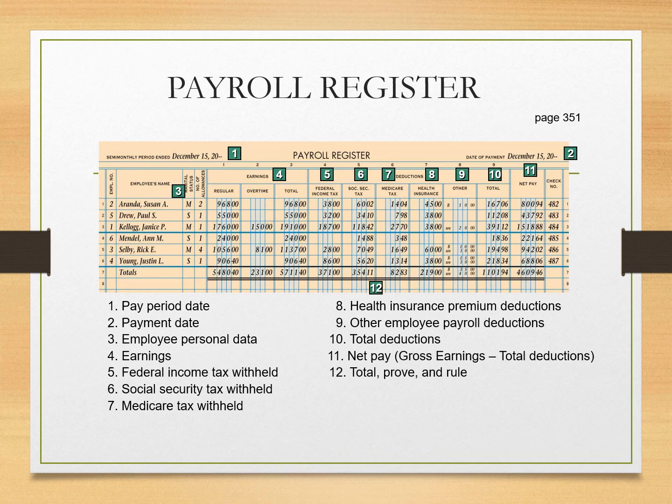Or you can take your total gross earnings, subtract your total deductions, that should give you your total net pay. If these balance, you will double rule columns 1 through 10, and then you will record the check number for each employee.